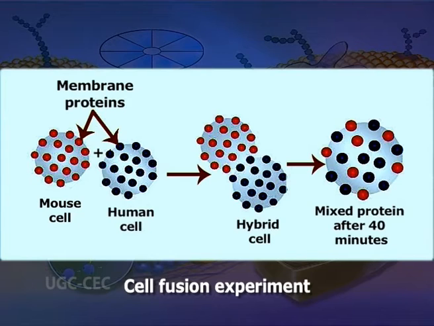Based on these results, Frye and Edidin concluded that the intermixing of the fluorescent proteins resulted from lateral diffusion of the human and mouse proteins through the lipid bilayer.